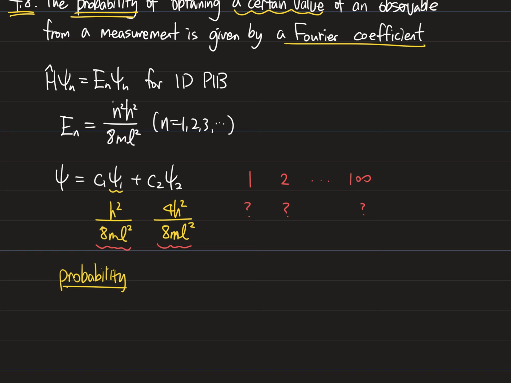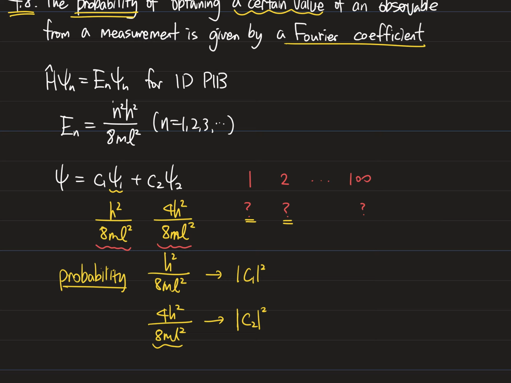So we cannot really say which value we will get from a single measurement, but the probability of having this energy value is proportional to the square magnitude of the coefficient C1. Obtaining this energy is proportional to the square of the magnitude of coefficient C2.